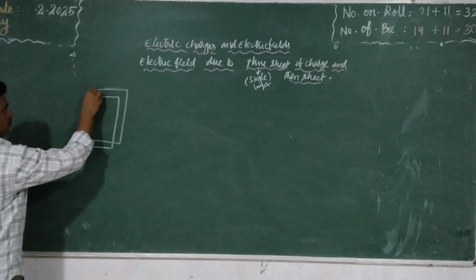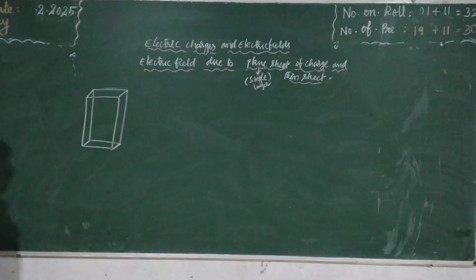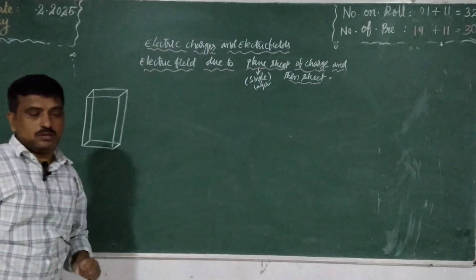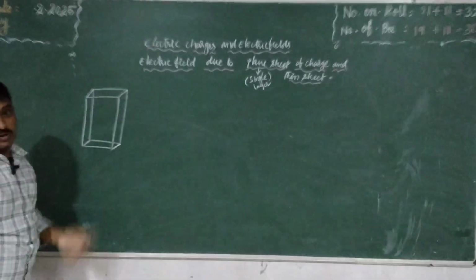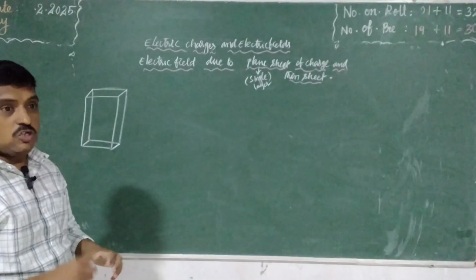Thin sheet of charge. In this thin sheet, it is a non-conductor, meaning not conducting material. So in non-conducting material the charge will be distributed throughout. Totally charge is distributed, so plus charge is distributed in this one.